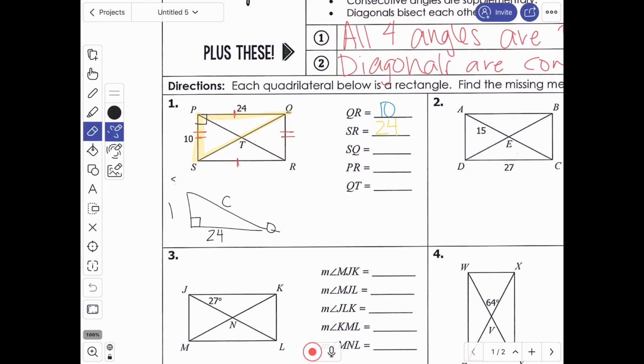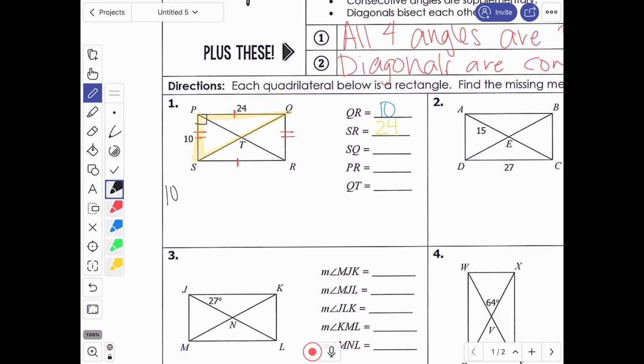So if I take 10 squared plus 24 squared, it should equal whatever SQ is squared. Okay, so 10 squared, I get 100. 24 squared, I get 576. You could just leave it as x squared.